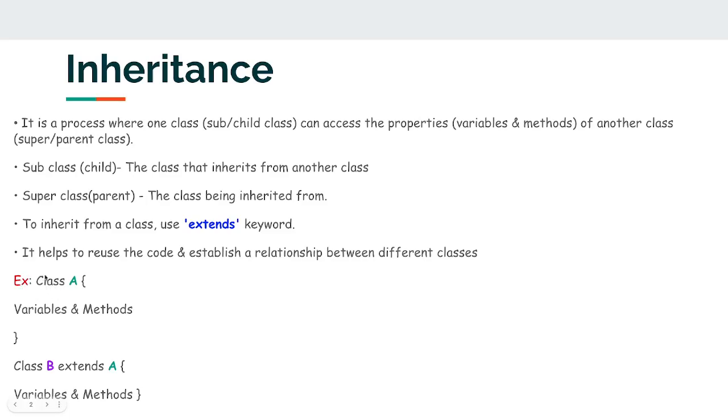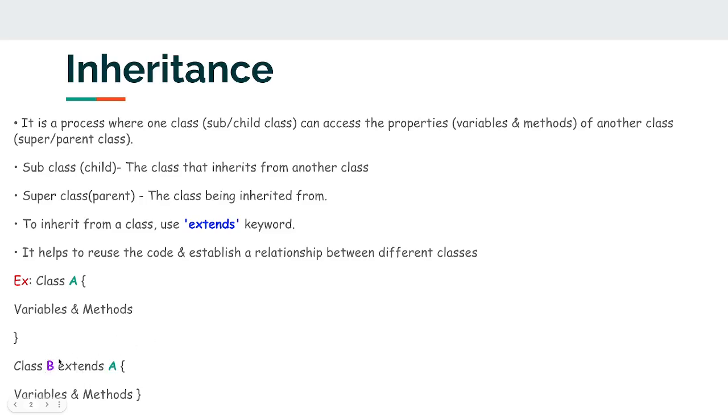Say there is a class A and it has some variables and methods, and there is another class, B. To make a relationship between class A and B, as we said, we're going to use the extend keyword. So we use the extend keyword here and then class A. It means class B is your child class and A is now the parent class.